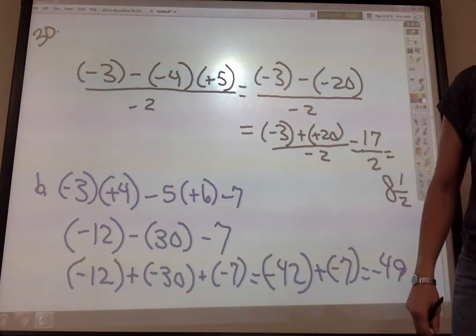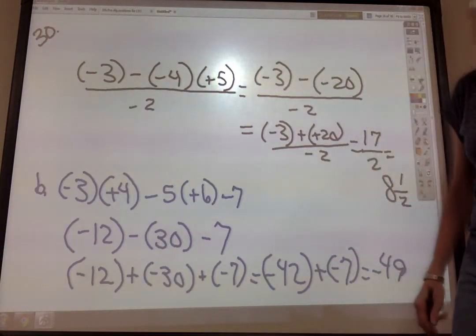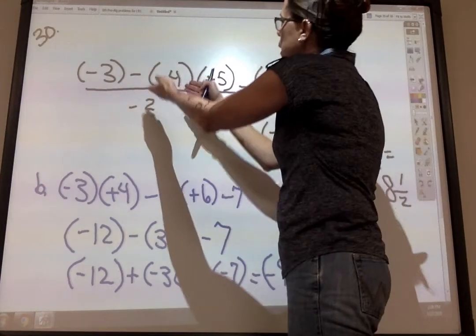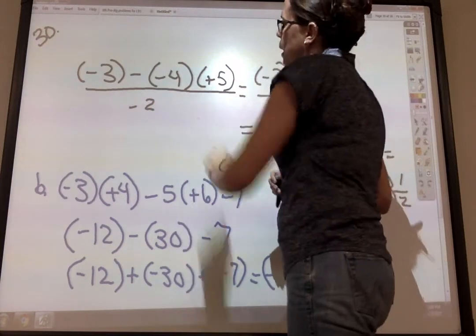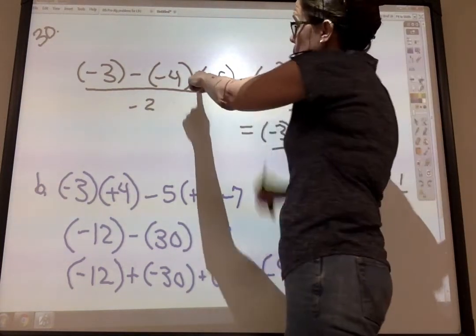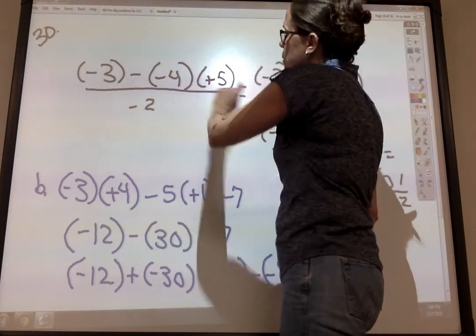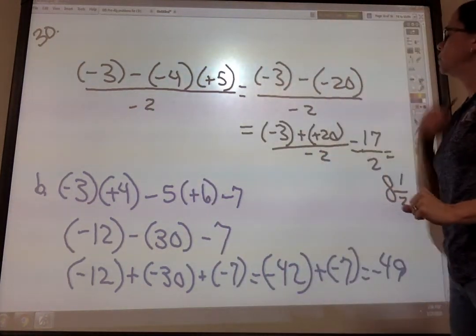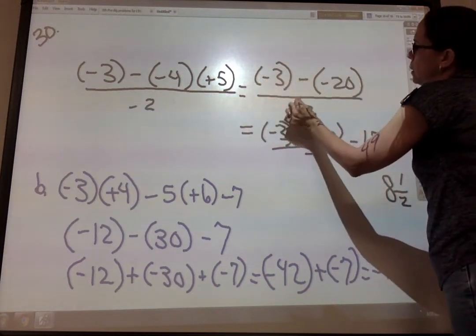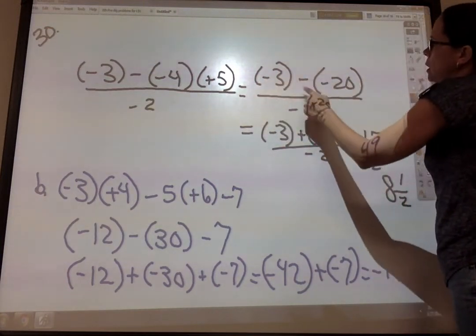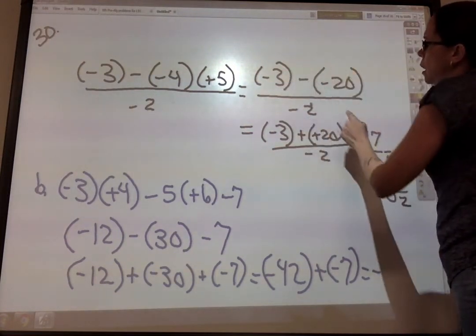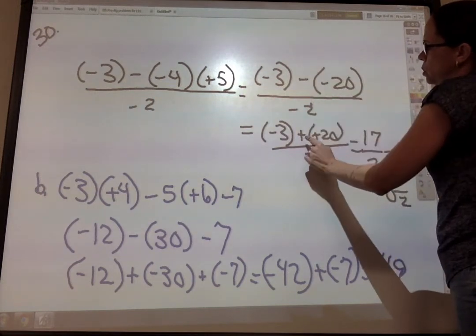We're on number 30 now. Yep, number 30. So we start out with -3 minus -4 times +5 divided by -2. So this is order of operations to start with. So this multiplication comes first. -4 times +5 is -20. So now I have -3 minus -20 divided by -2. Well, now I see that I've got this subtraction here, but I want to change it. I want to add the opposite. So this subtraction turns to addition.